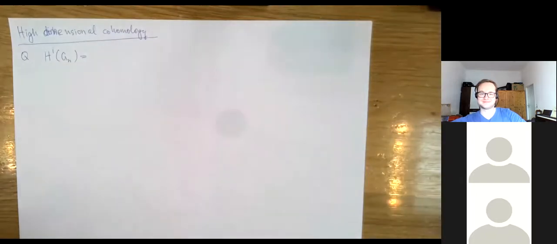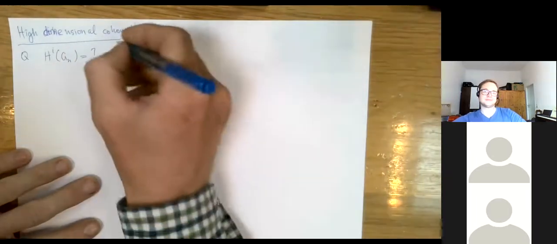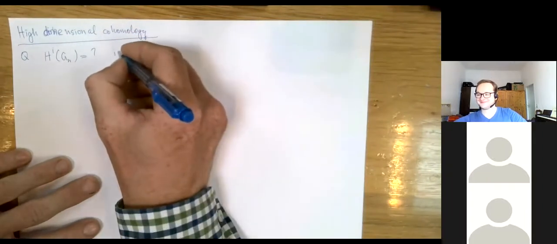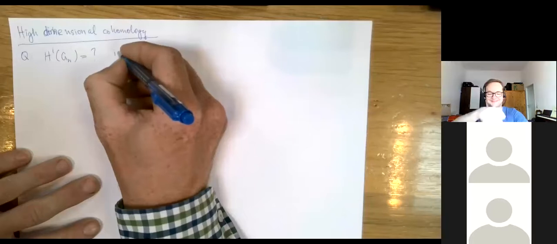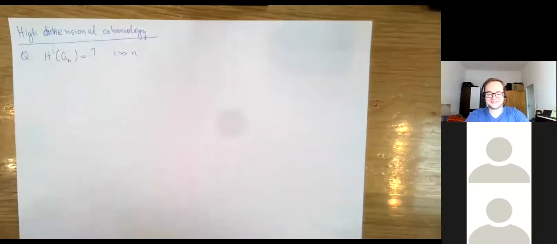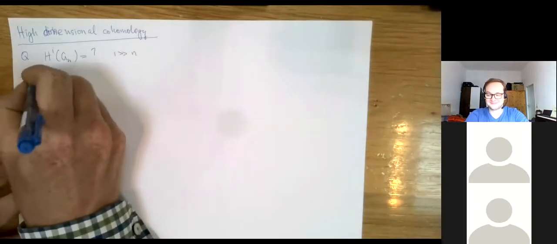All right. I'm going to go on to high-dimensional cohomology, if you don't mind. The question here is: what happens if i is large in comparison to n? So the opposite. For this, I'll first give a definition.